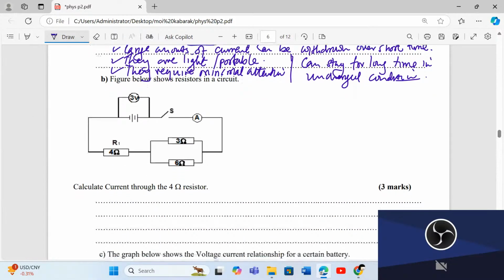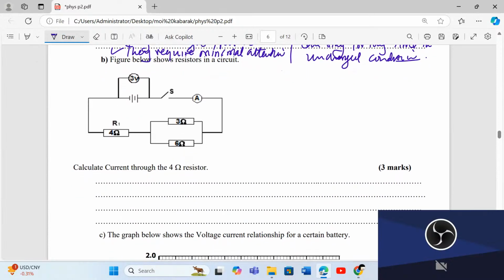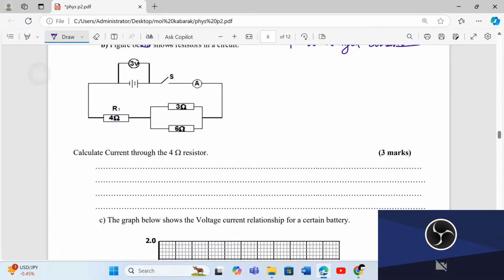The figure below shows two resistors in a circuit. You are told to calculate the current through the 4 ohm resistor. So we have a potential difference here of 3 volts. We have an ammeter here.